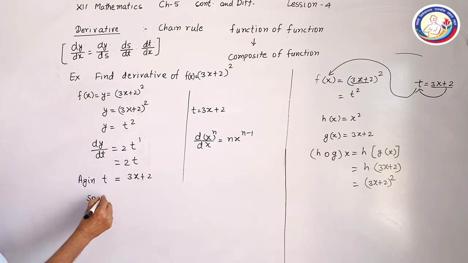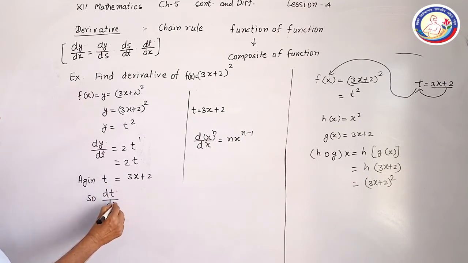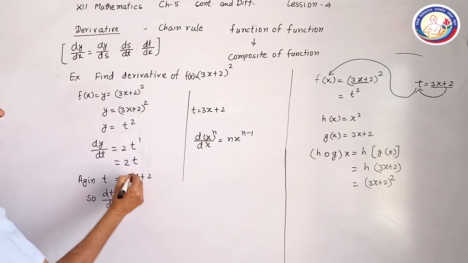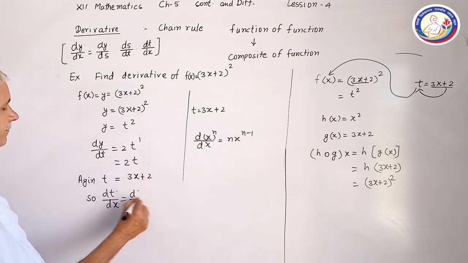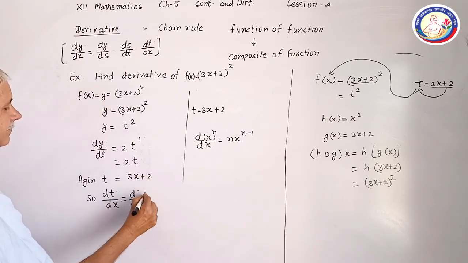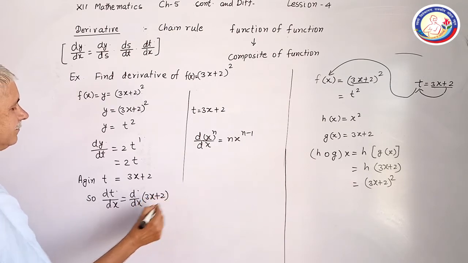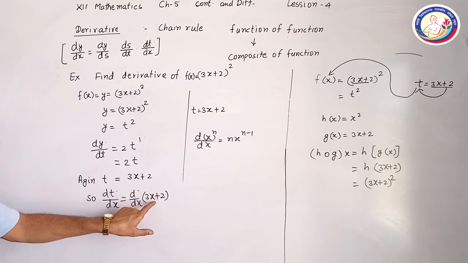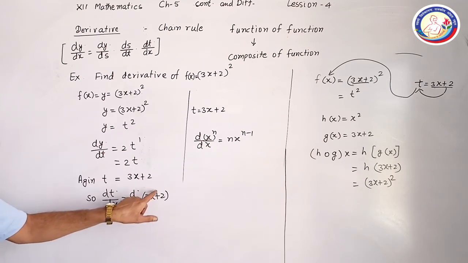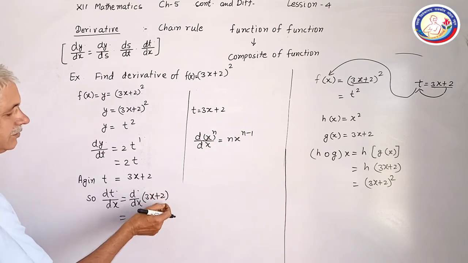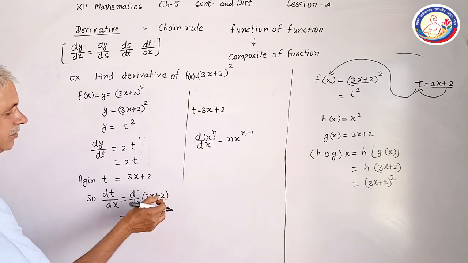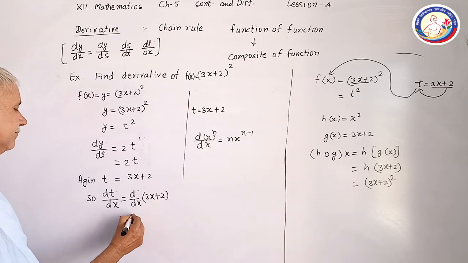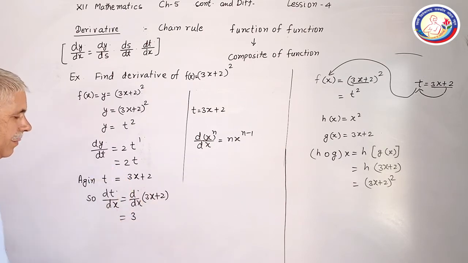So dt by dx, the derivative of t with respect to x, of 3x plus 2, will be simple. The derivative of x will be 1, because 1 into x raised to power 0 gives us 1, and the derivative of 2 is 0 because it is a constant. So we will have 3 only.